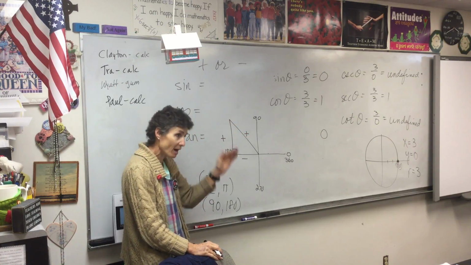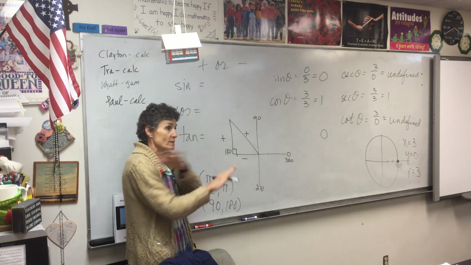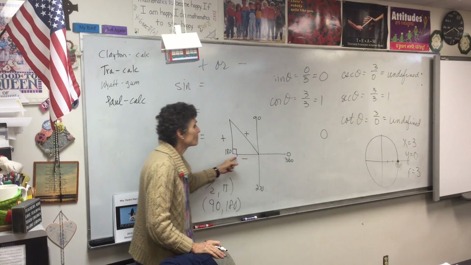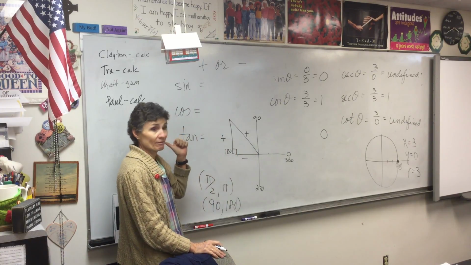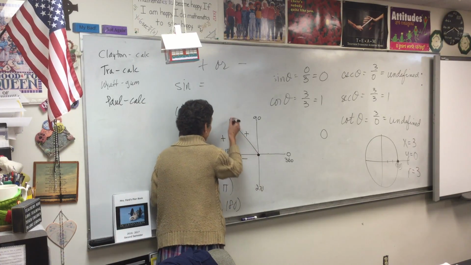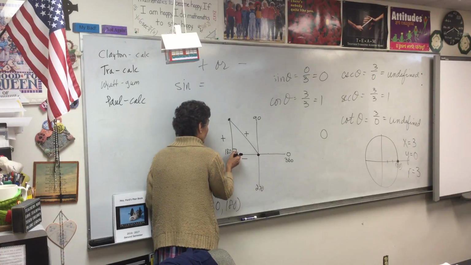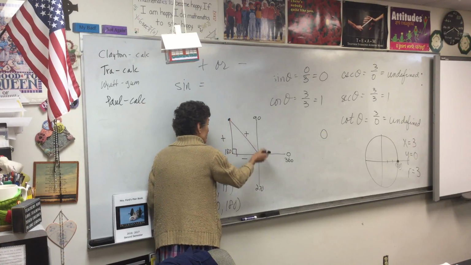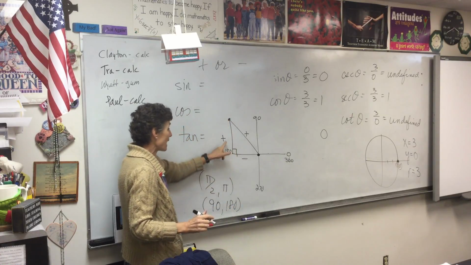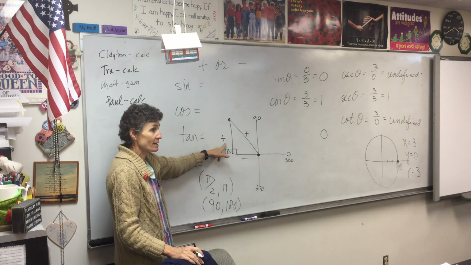The hypotenuse is a positive number. Always, always, always. Why do I know this one's negative? It's going left. Here's the origin. If I were going to plot this point, would I have to go left and up? So left means this part's negative, up means that part is positive.